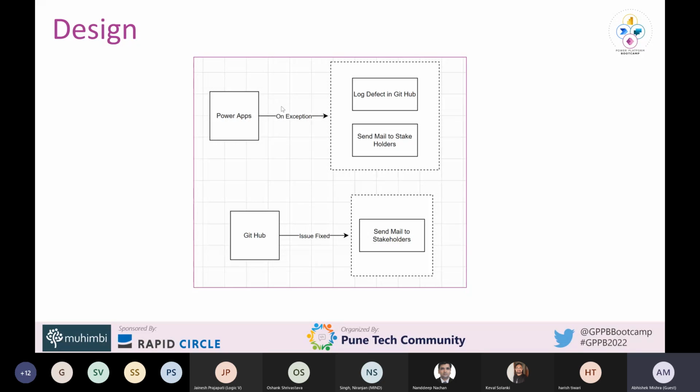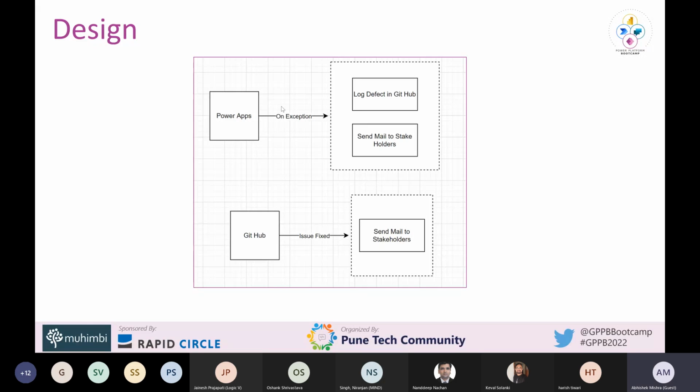So you can build connectors that will help your Power Automate interface with different third-party components or other services and exchange data with them. For that we need connectors. Connectors are nothing but they help us in interfacing with other Power Platform and third-party services.